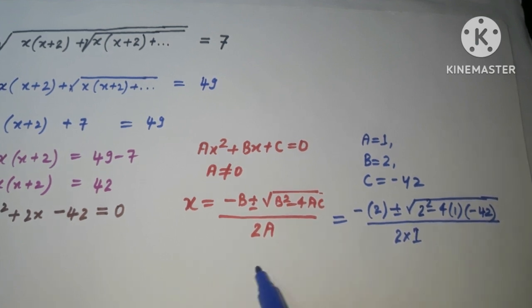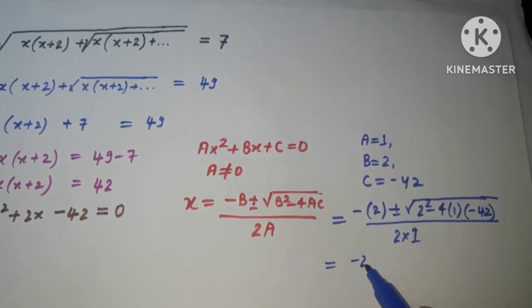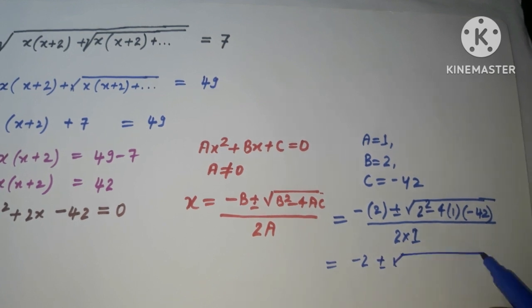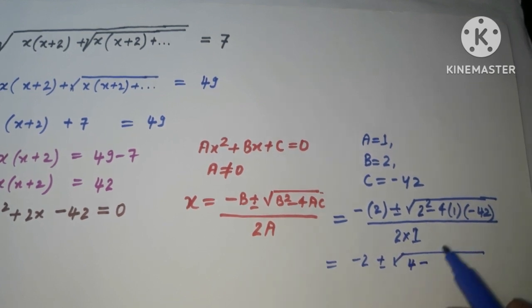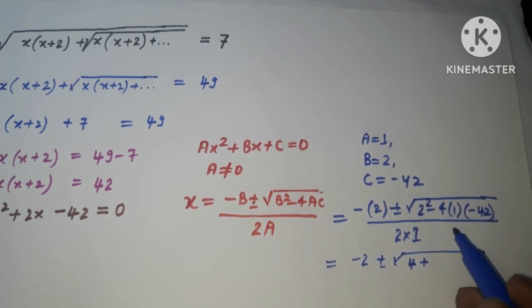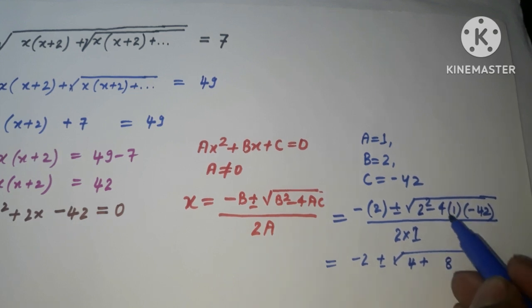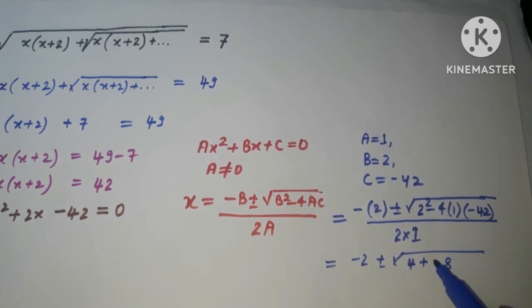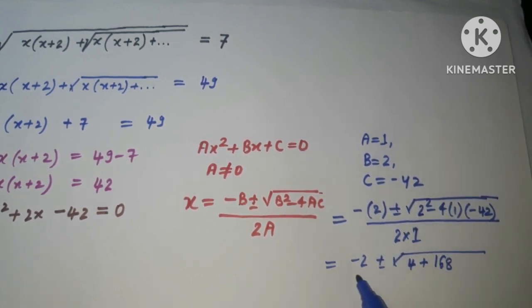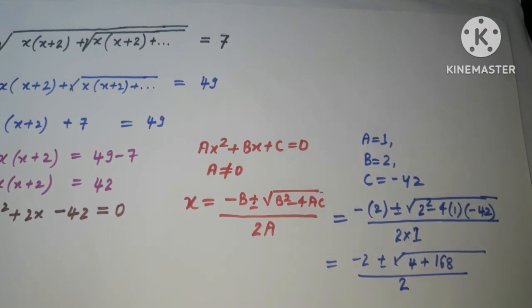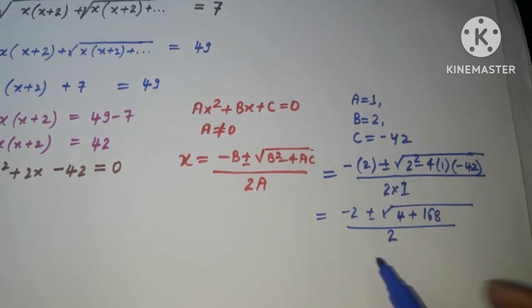In the same way you can do further calculation. So this is going to give us negative 2 plus minus root under 4 minus, here it is going to add, right? After multiplying, 4 into 2 is 8, and 4 into 42 is 168, and divided by 2.